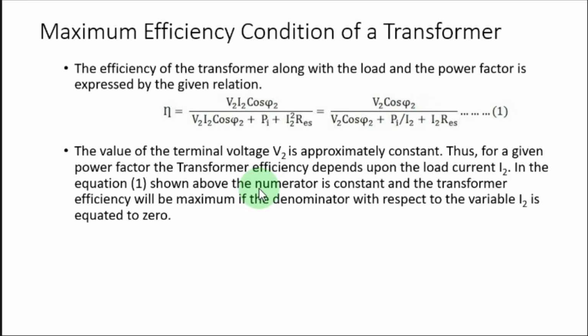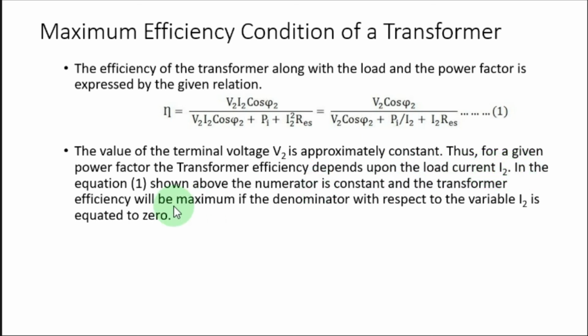So the value of the terminal voltage V2 is approximately constant. Therefore V2 cos phi 2 is a constant value. Thus for a given power factor, the transformer efficiency depends upon the load current I2.